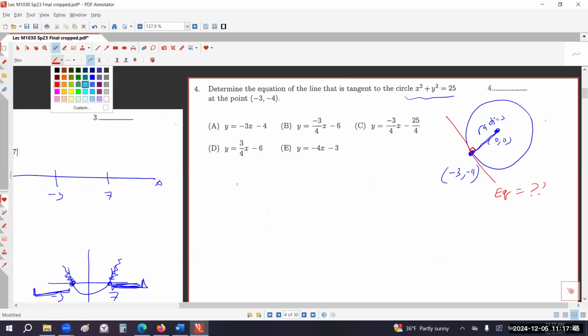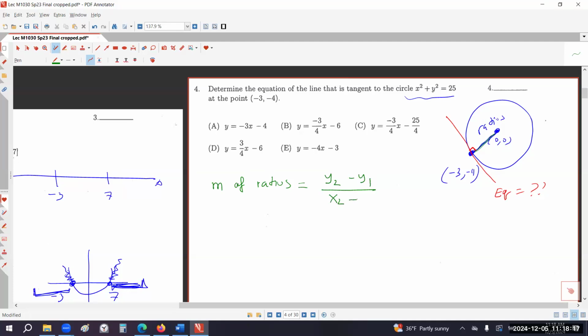So who remembers the first step? Aditya. We want to know the slope of the radius, because whatever slope we have for the radius, its opposite slope will be for the tangent line. So slope of the radius is y2 minus y1 over x2 minus x1. We have the 2 points: one is 0, 0, one is -3, -4.